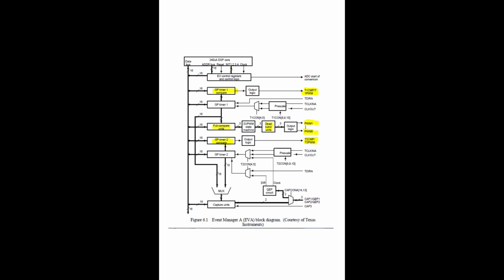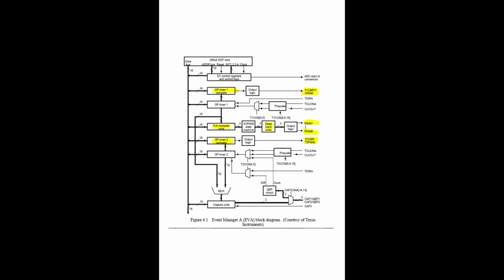But timer 1 can generate only 1 PWM. Timer 2 also can generate 1 PWM. And event manager A consists of timer 1 and timer 2. Event manager B, we will see in the next slide, will consist of timer 3 and timer 4.